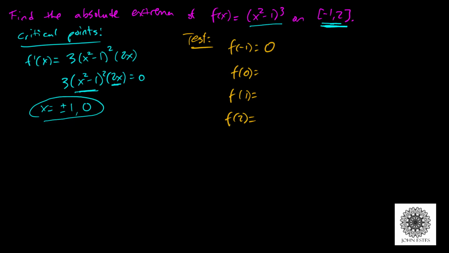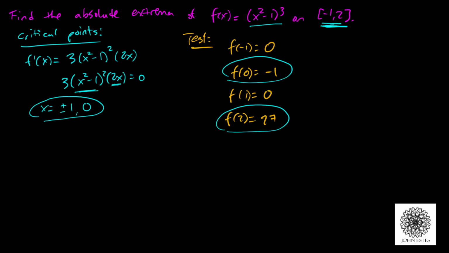Quantity cubed is still 0. If I plug in 0, I get -1 cubed, so that's -1. If I plug in 1, just like -1, you end up with 0 again. And if I plug in 2, I end up with 4 minus 1, which is 3, and 3 cubed is 27. So from this, you can easily see I have -1 as my lowest point and 27 is my highest.